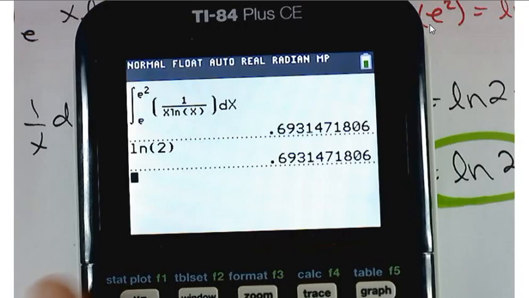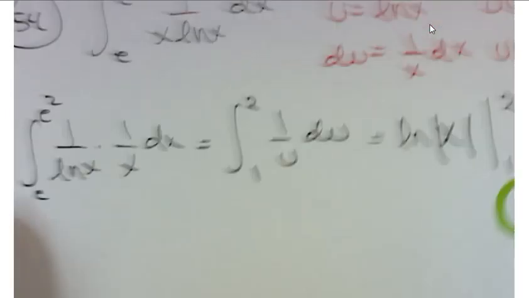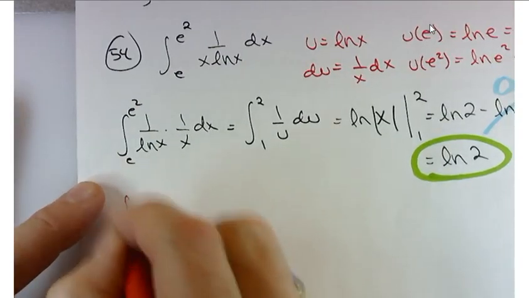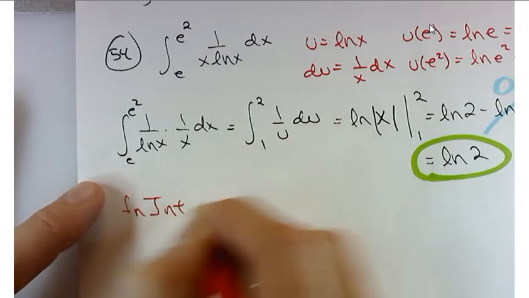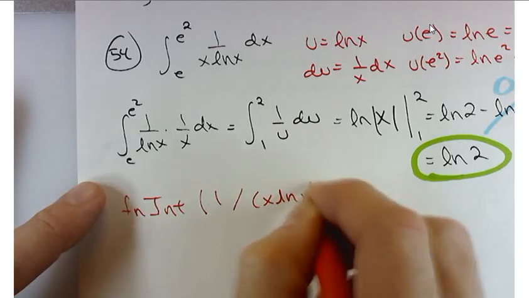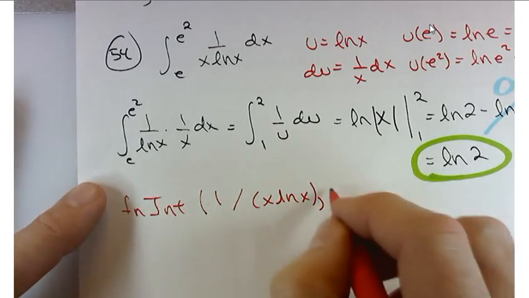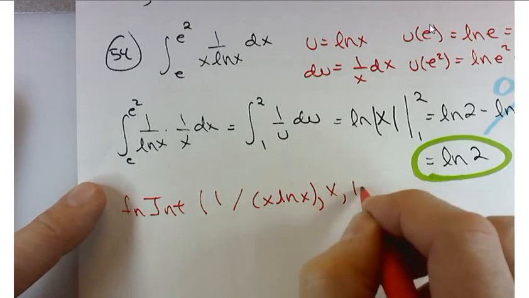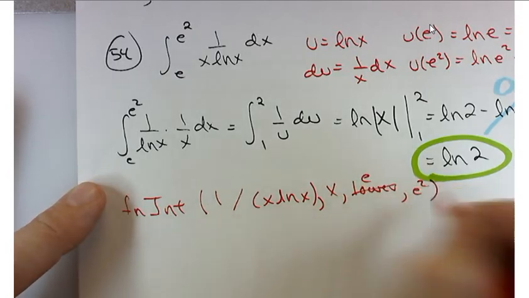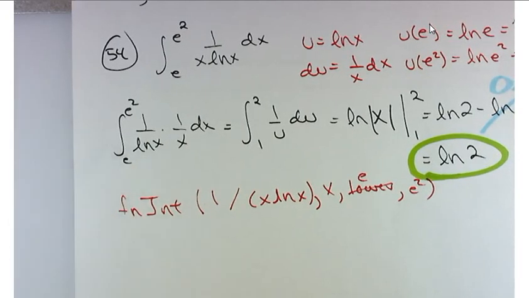Now, if you have a calculator that responds with fn int, you'd have to type the function 1 divided by parentheses x ln of x, comma x for your variable, comma lower limit, in this case e, and then the upper limit e squared. So that's what it will look like if you don't have an operating system that's up to date. Anything else?